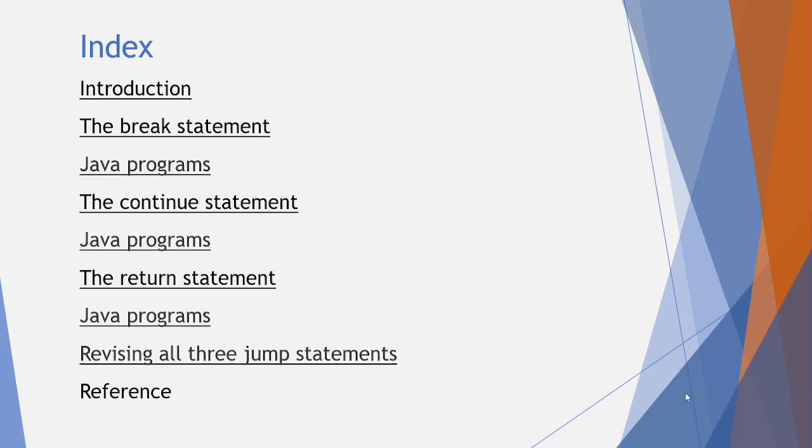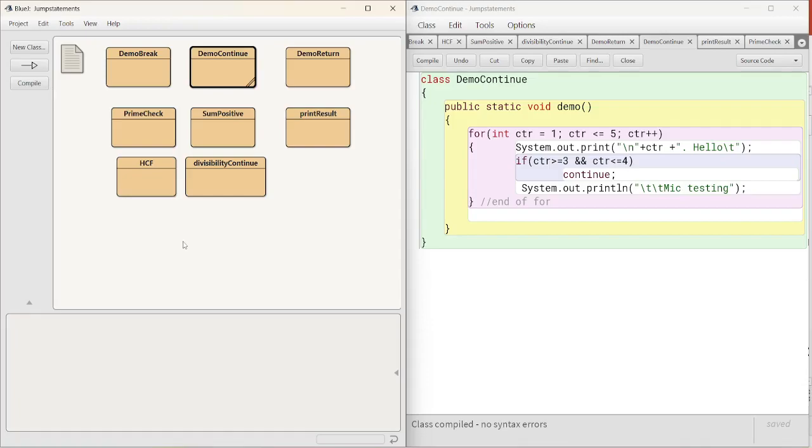Let's see a Java program. The same program, this loop is supposed to work 5 times. And inside the for loop, there are 4 statements. Two statements are one condition, the second one is continue. That means when the iteration number is 3 and 4, mic testing will not be printed.